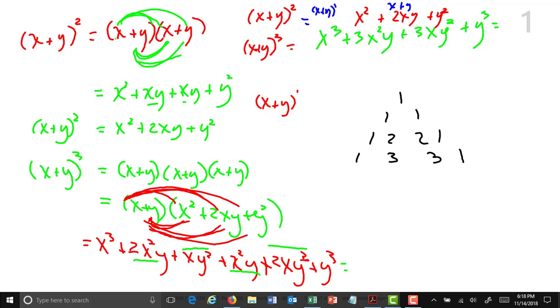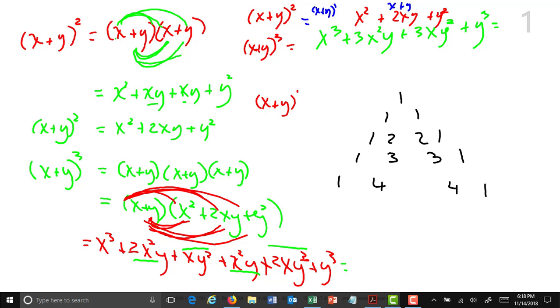And so if you can kind of figure, the next step would be something like, well, 1, then 1 and 3 is 4, and over here I'll have 4, and then I'll have 1.